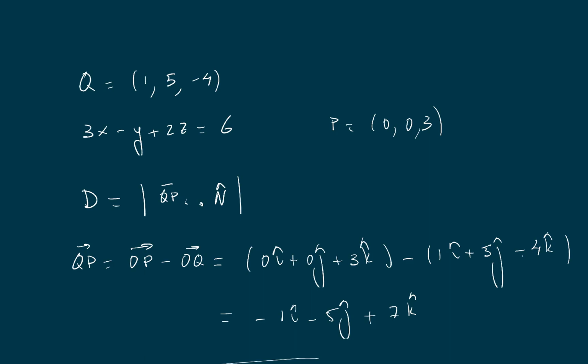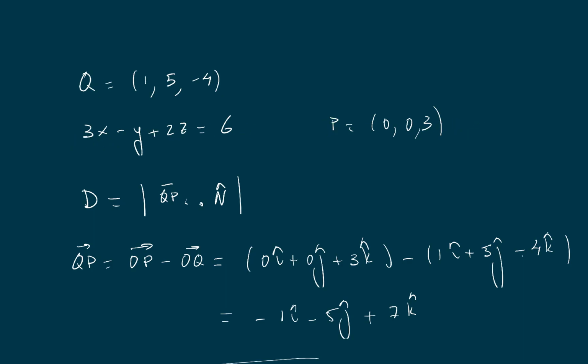So I can choose a point P on this plane. The point P could be (0, 0, 3), because when x equals 0 and y equals 0, 2 by 3 is 6, so 6 is equal to 6. So this point is on this plane.